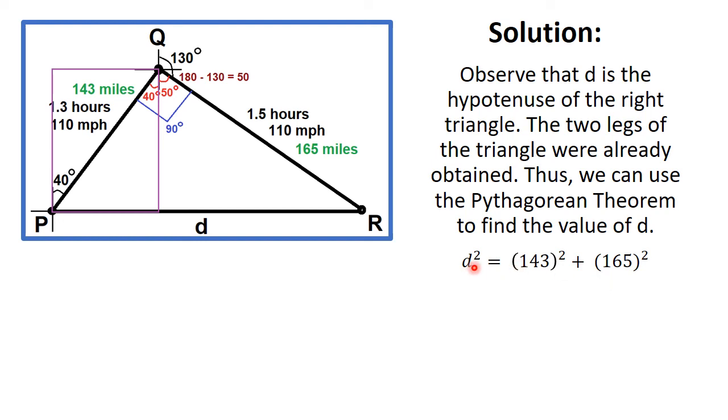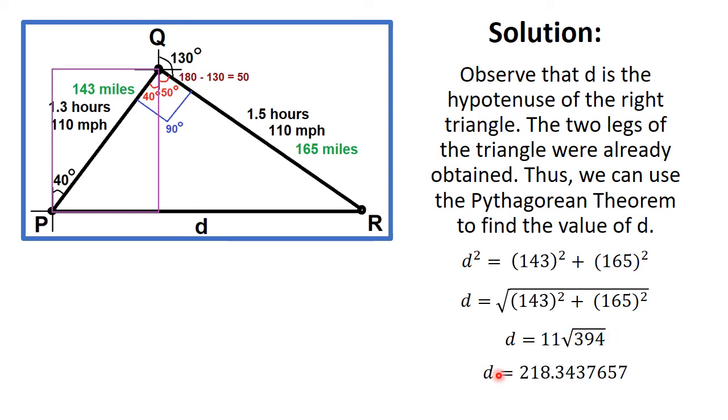Transposing the exponent 2 to the right side, we have D equal to the square root of the quantity of 143 squared plus 165 squared. Simplifying, we have D equal to 11 square root of 394, and after using our calculator, D is equal to 218.3437657.